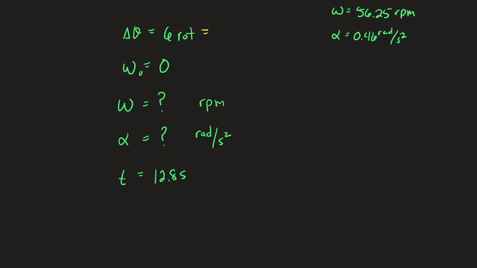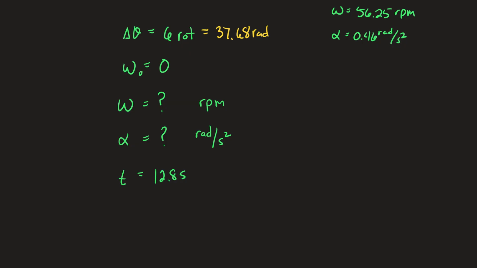You guys do have that conversion already? Talked about it first semester. So 2 pi is about 6.28. So 6 times 6.28 gives me 37.68 radians.